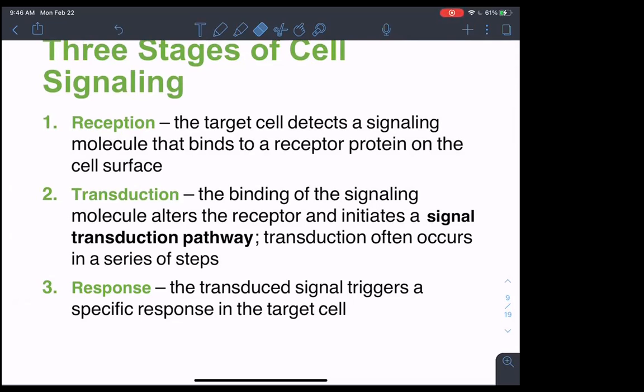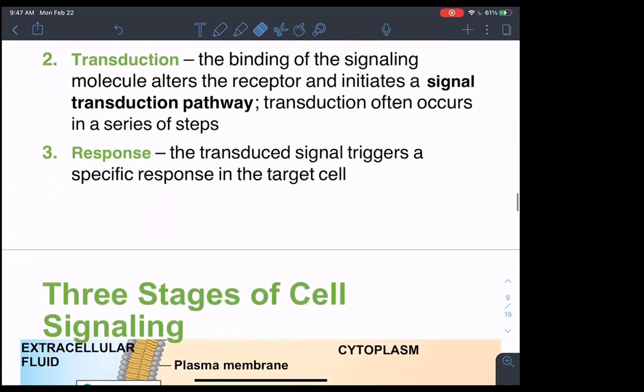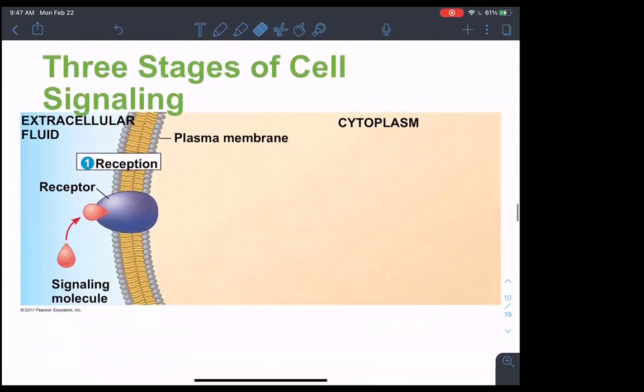The response is the transduced signal is then going to trigger a specific response in the target cell. This may have gone through a 6, 10, 20 step process of cell signals and then secondary messengers and that kind of thing through the cell, but it will eventually elicit a terminal response of something happening that it was intended to.